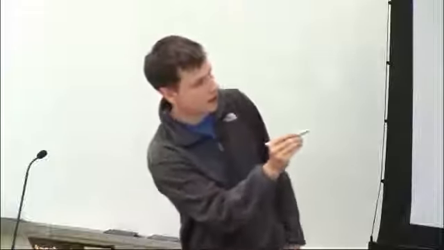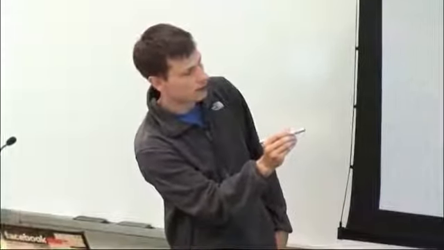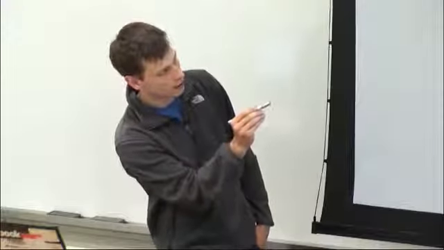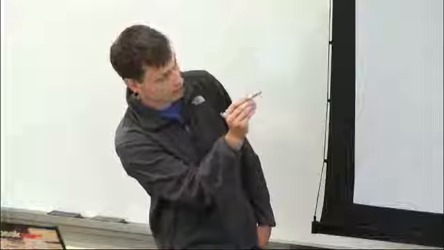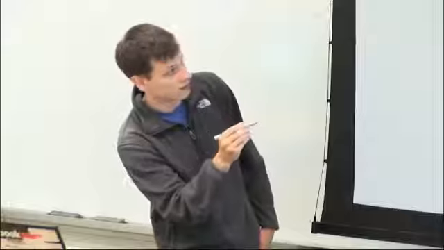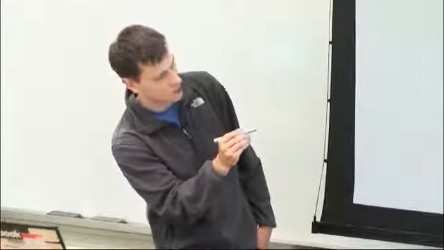If a function only takes r plus 1 many values and is monotone concave, then it becomes constant after it reaches its maximum value, which happens at a point in the domain at most r. After that, this function cannot grow anymore because it is concave. If it were to grow somewhere, it would violate concavity. And since it only takes at most r plus 1 many values, it has to reach its maximum within the first at most r many points.